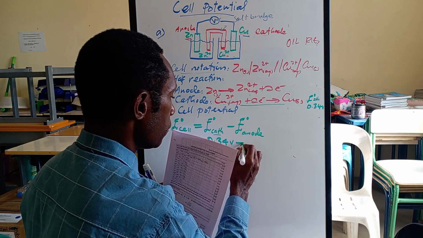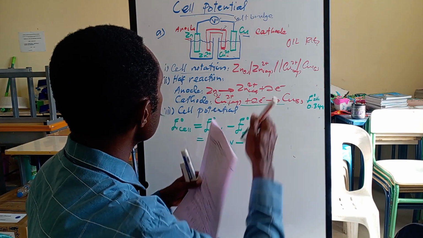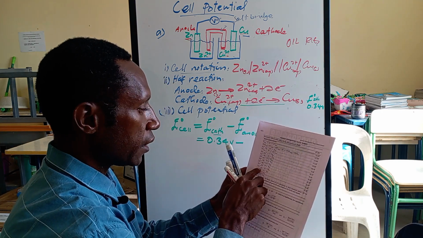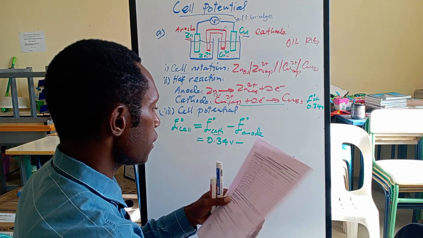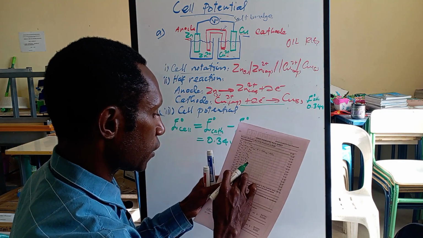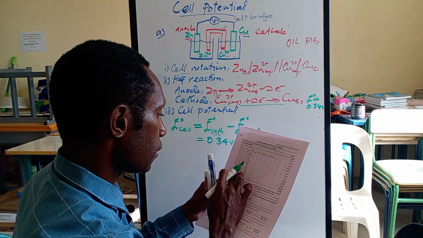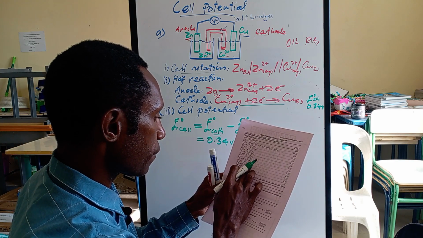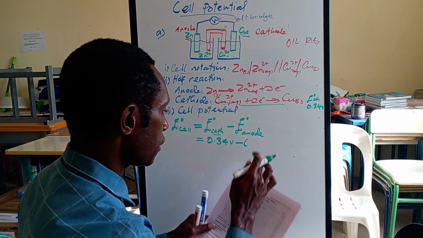So we write 0.34 volts minus. Okay, on this side now, I know this zinc. Over here, that's the reduction half. That's the reduction part of the anode that is given, not oxidation. So oxidation will be reversing it. Zinc is minus 0.76.